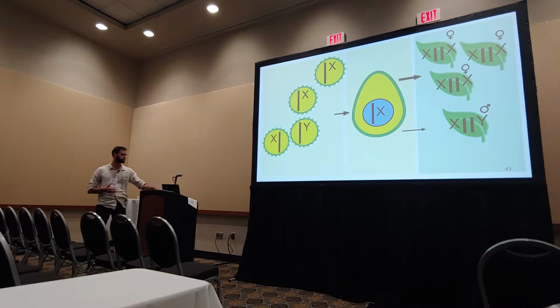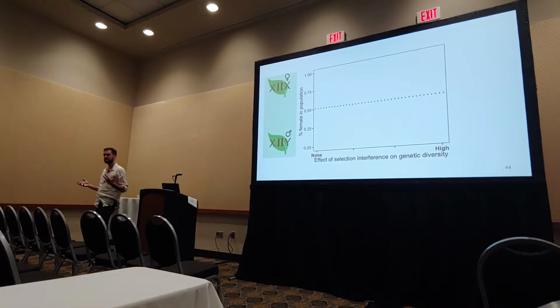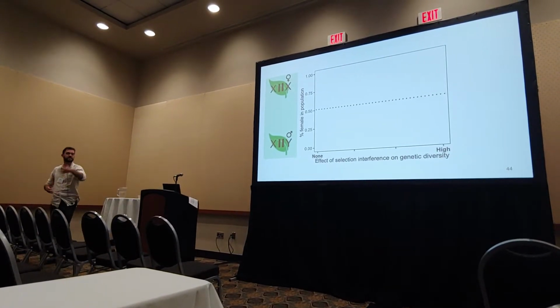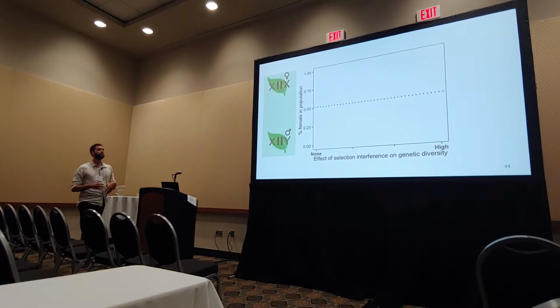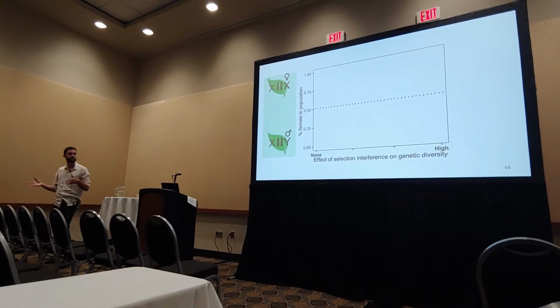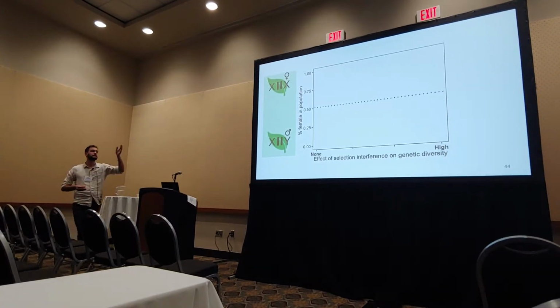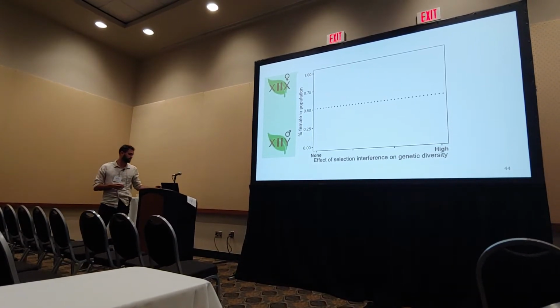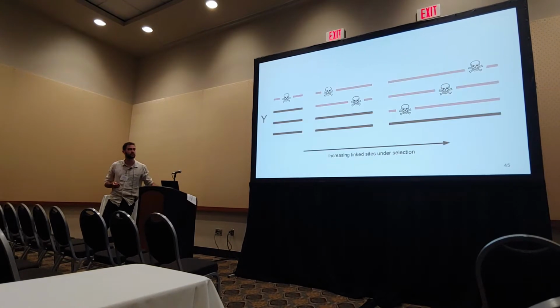in the population. And so I wanted to ask, can we use the signals of these backgrounds that are getting removed, in neutral genetic diversity, to predict the female proportion in the population?